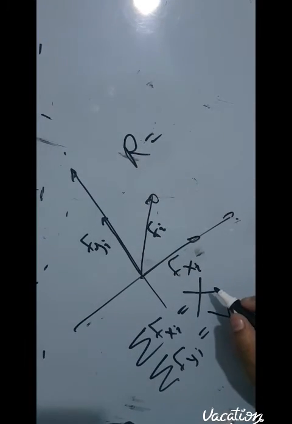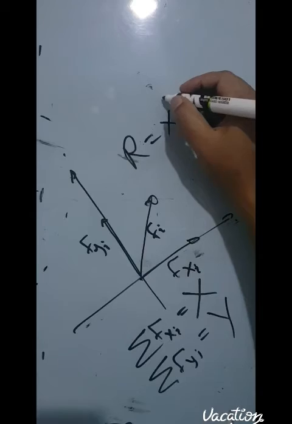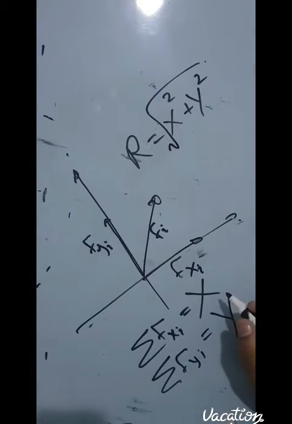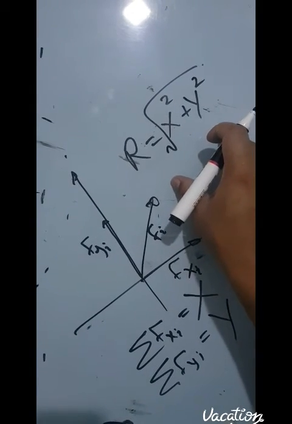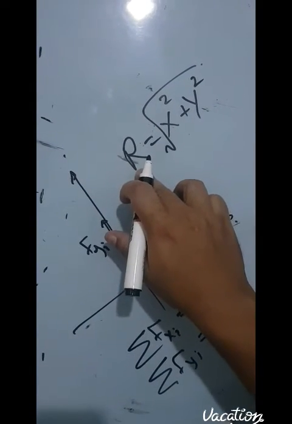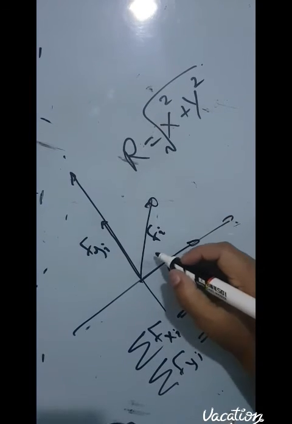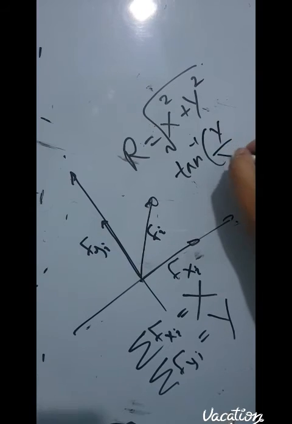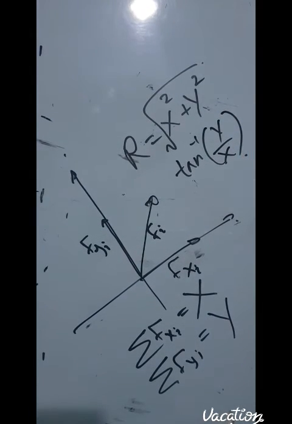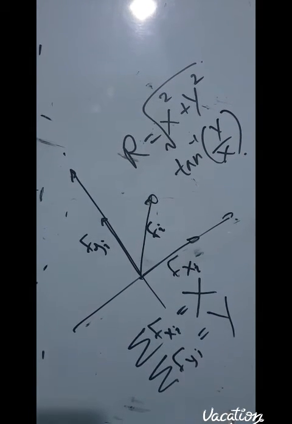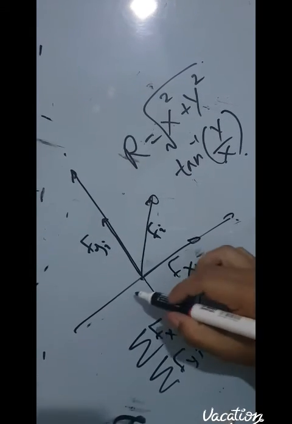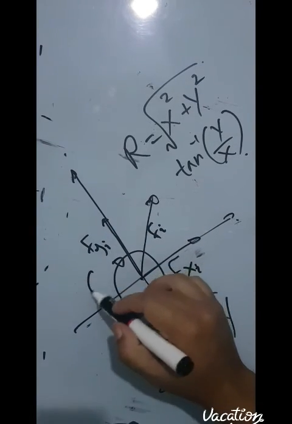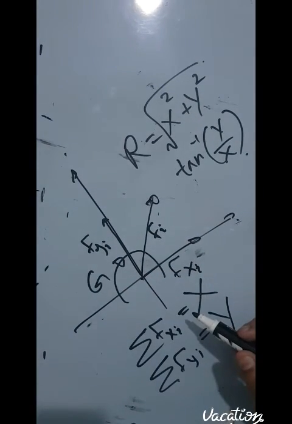Now you can find the resultant force. How do you find the resultant force? It is given by the square root of x squared plus y squared. That gives you the resultant force, right? What is the angle? The angle is given by tan inverse of y over x. This is the angle, right? But not only this, in addition to these forces, we also have a couple, right?